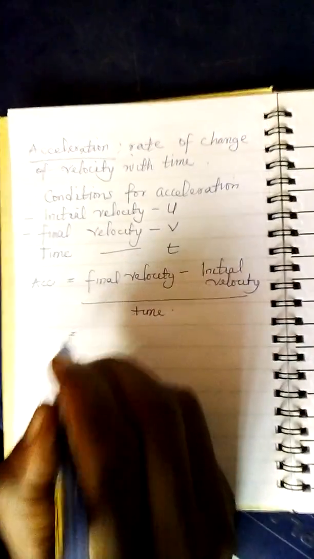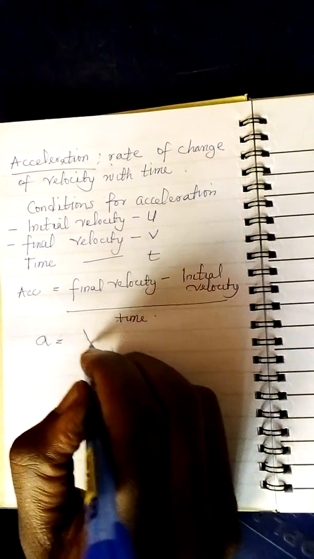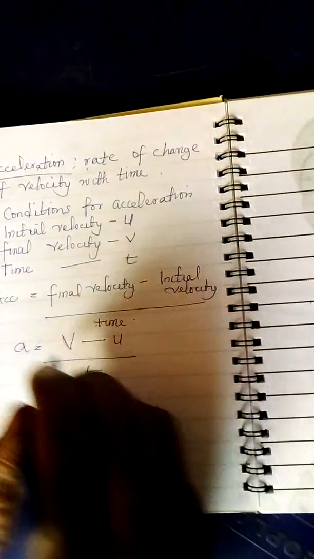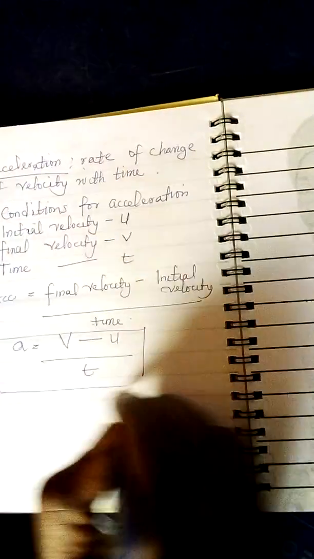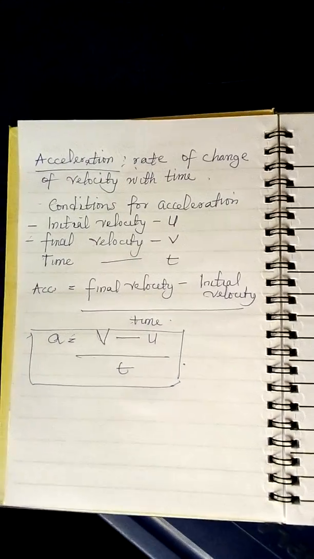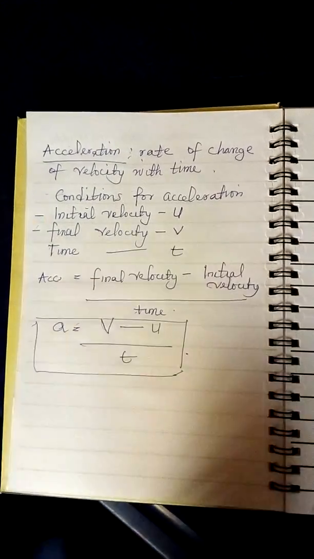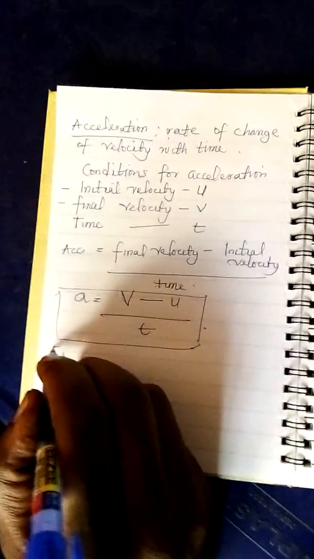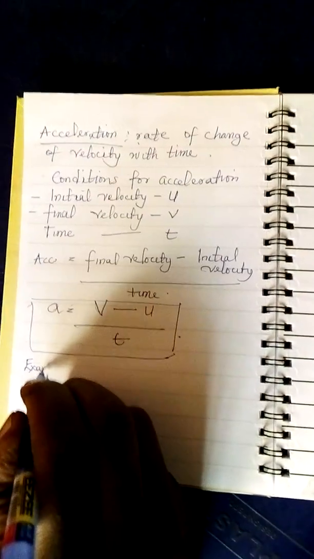So using symbols, we have that a will be equal to v minus u over t. So this is the mathematical representation for acceleration. Is that okay? All right, so let's take an example.